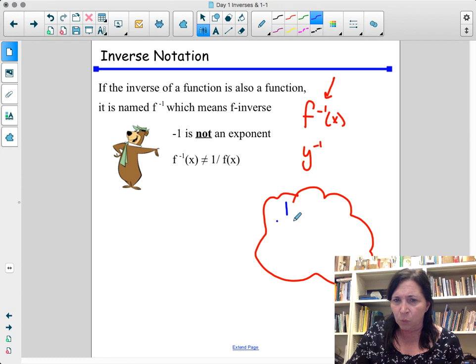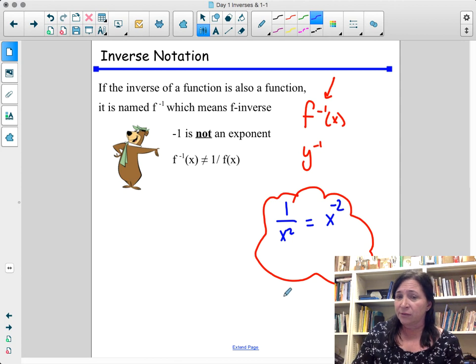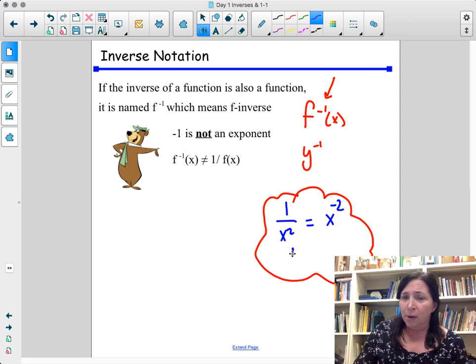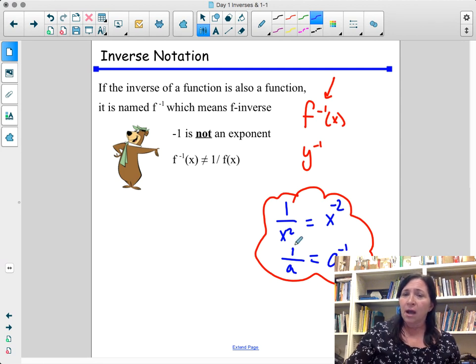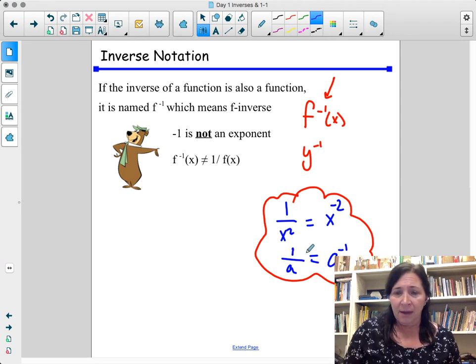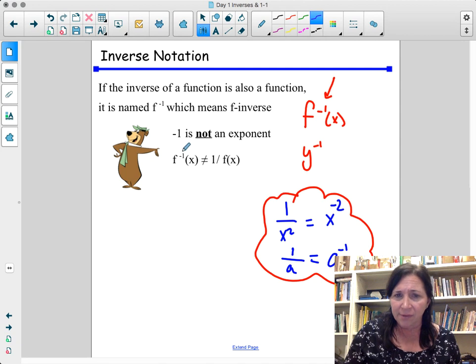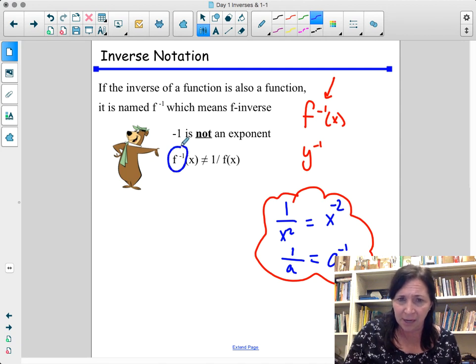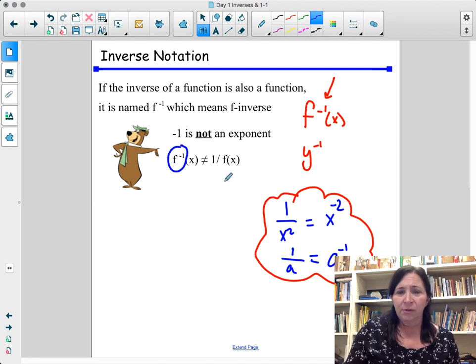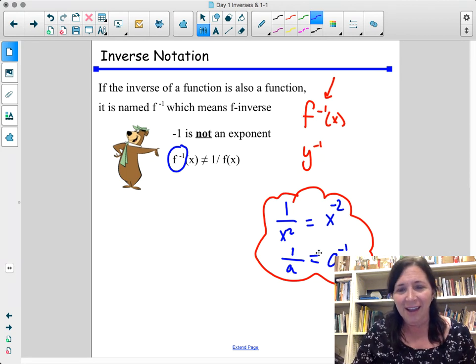So let's say I had 1 over x squared, and I rewrote that as x to the negative 2 power. Or I could write 1 over a, and that would be a to the negative 1 power. This is not that. This is not an exponent. So when I'm using this f to the negative 1, it is an inverse. It's not an exponent.